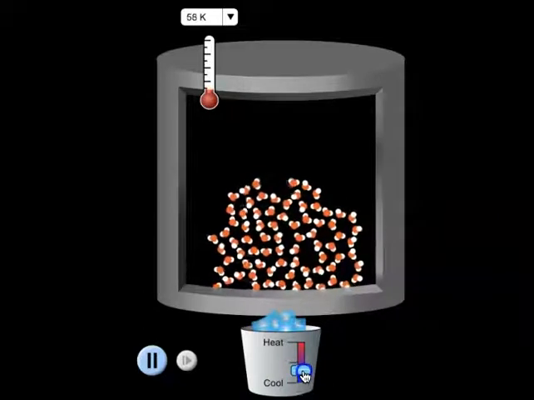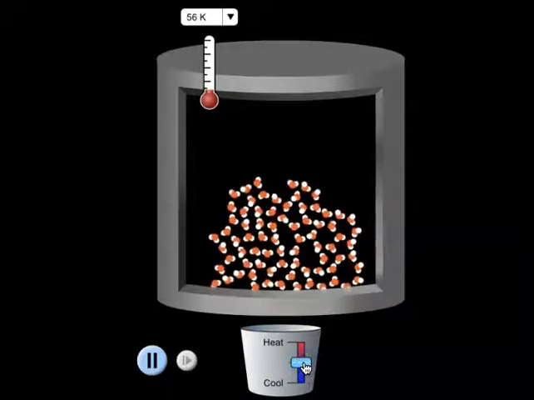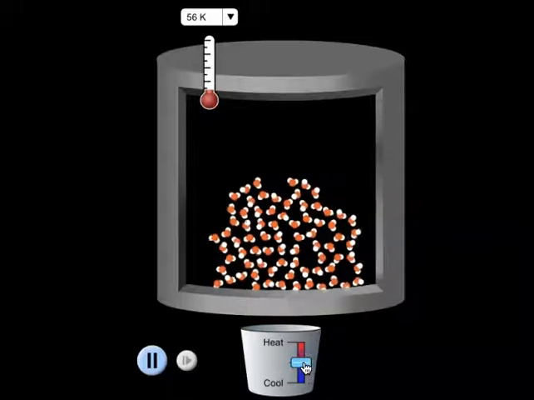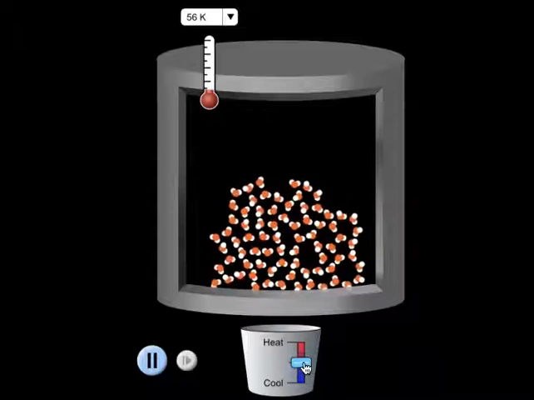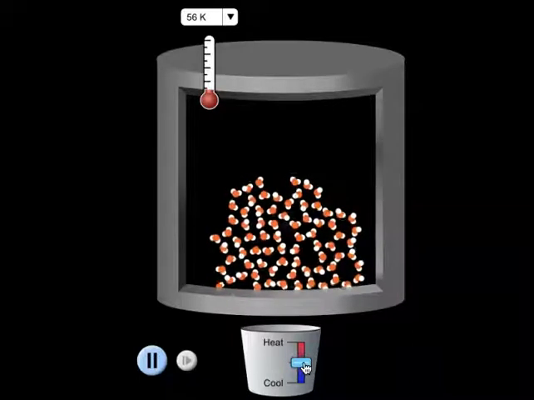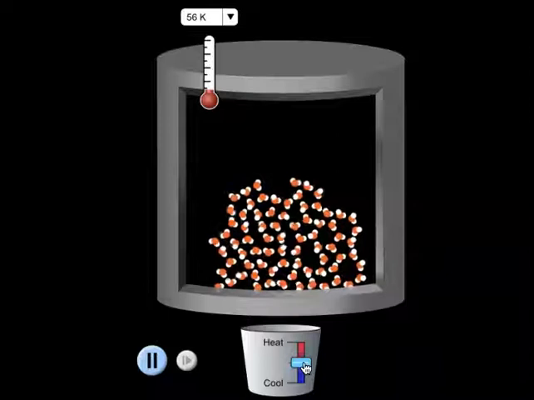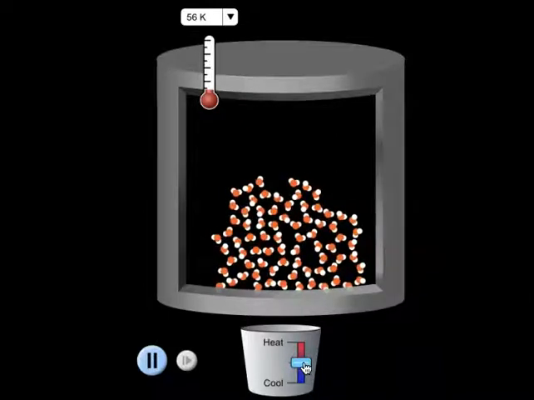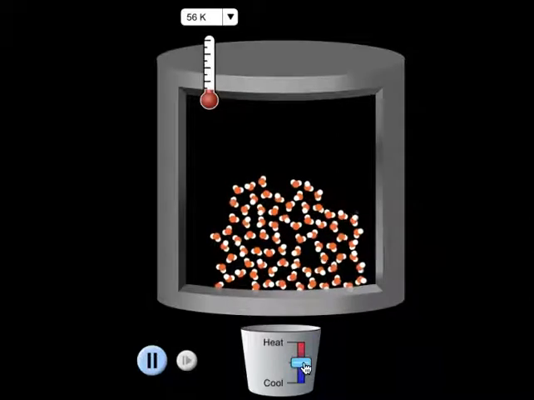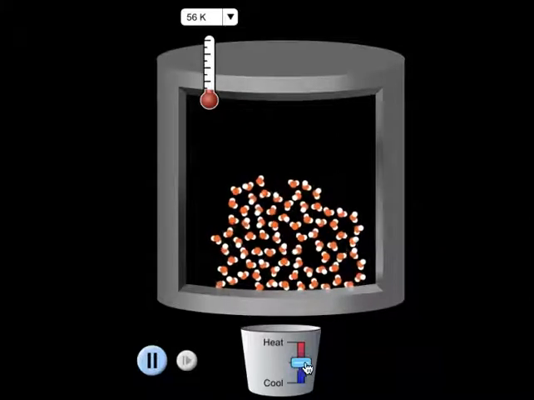But even in the solid phase, if you were to zoom in really far on those tiny particles, they're actually vibrating a little bit. That gives rise to all kinds of interesting concepts in chemistry that we'll explore throughout the term.